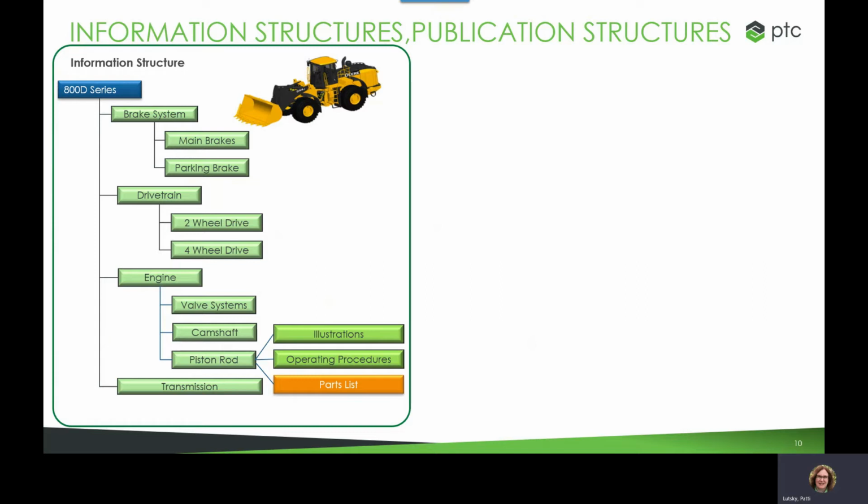But within Service Information Manager, you're able to organize your technical information according to the product that you're describing. And we start with an information structure. The idea being that an information structure would contain all of the information about this product, the parts list, the illustrations, the documents, and it's organized according to the product structure.